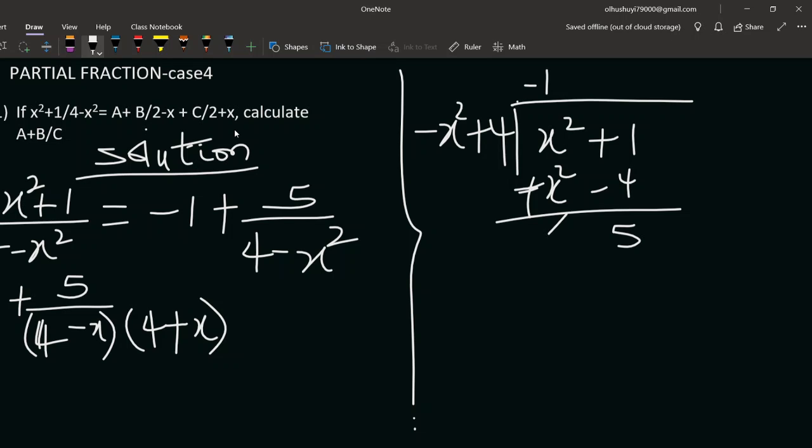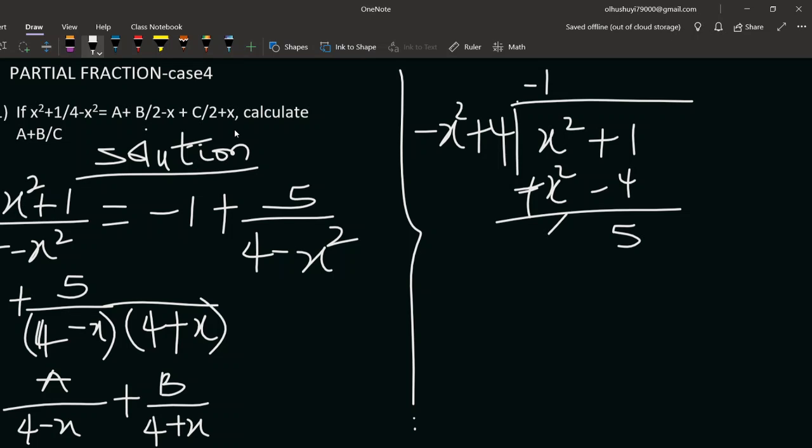So how do we do that now? Leave the minus 1, let's solve this. So you have A over 4 minus x plus B over 4 plus x. Multiplied through by both of them.